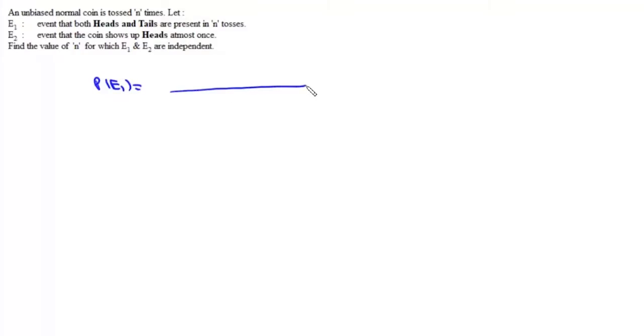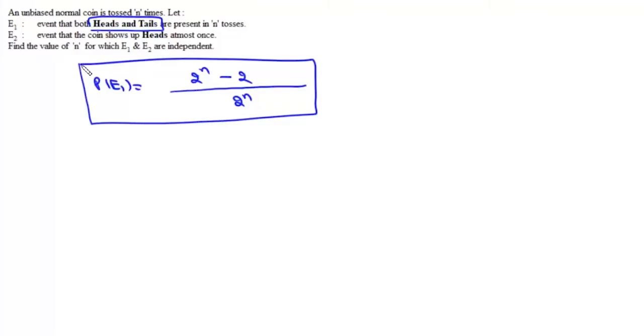If a coin is tossed n times, then the total number of ways will be simply 2 to the power n, and the favorable case will be when both heads and tails are present. So there will be total, which is 2 to the power n, minus cases when it is either all heads or all tails, which are simply 2 cases. So this probability of E1 is 2 to the power n minus 2 upon 2 to the power n.